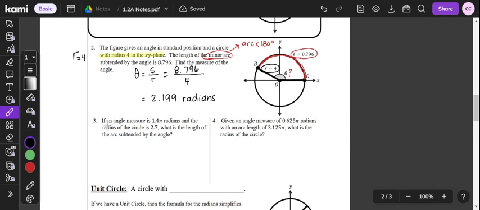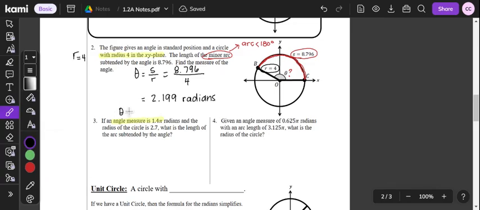All right, very good. Number 3, it says if an angle measure is 1.4 pi radians and the radius of the circle is 2.7, what is the length of the arc subtended by the angle? So unfortunately, I do not have a picture in this one, but I can still go ahead and label some things. So I know my angle is 1.4 pi.